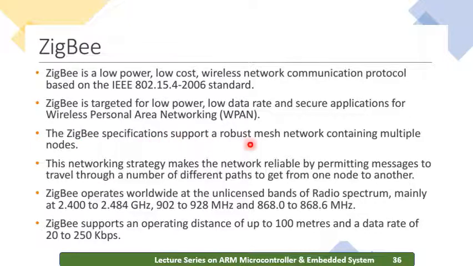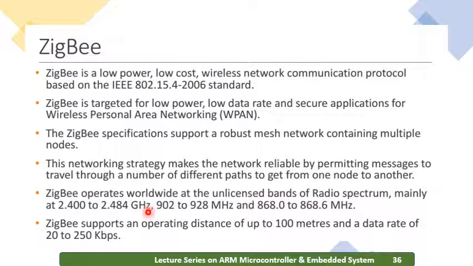It supports a robust mesh networking containing multiple nodes. This networking strategy makes the network reliable by permitting messages to travel through a number of different paths to get from one node to another node.